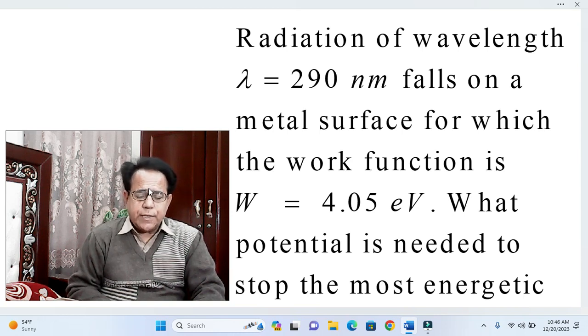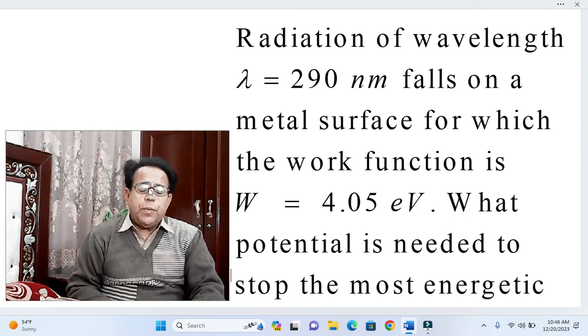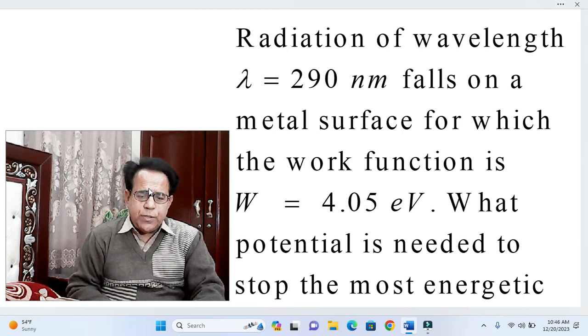This is our next problem, chosen from the book Quantum Physics by Stephen Gasiorowicz. As usual, we first come to its statement.